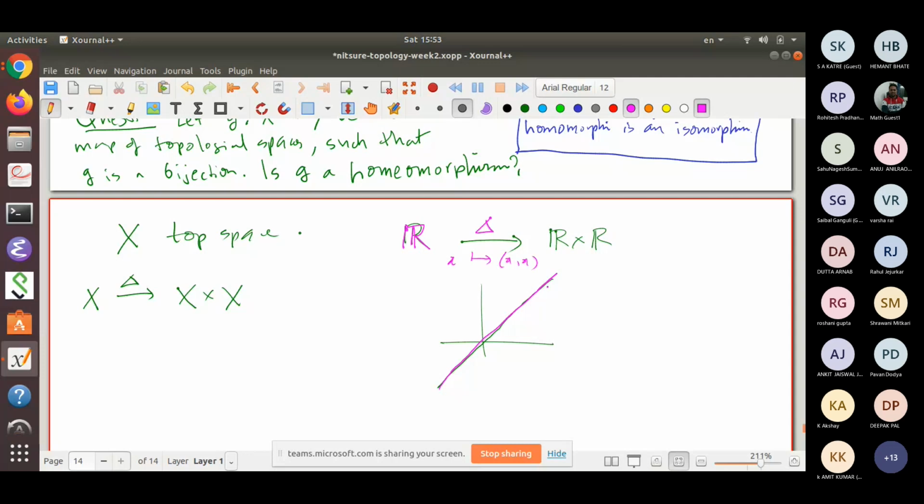So now I get a map. Let's call this diagonal the diagonal of R. So this induces a map delta from R to the diagonal of R. The diagonal of R is this pink line here. Is this a homeomorphism?